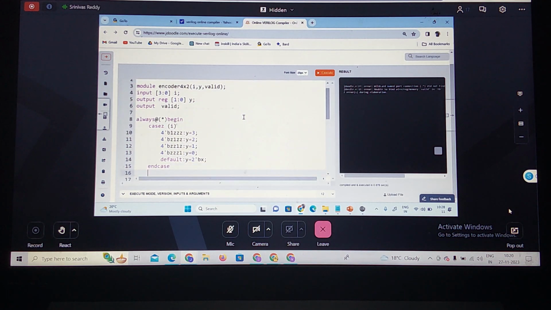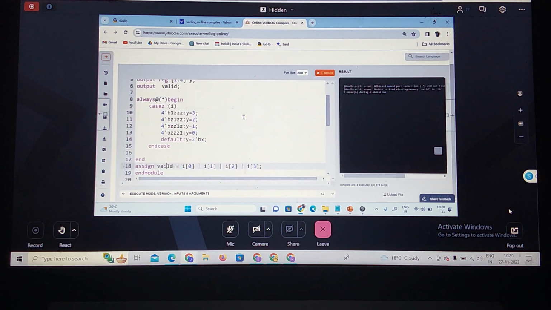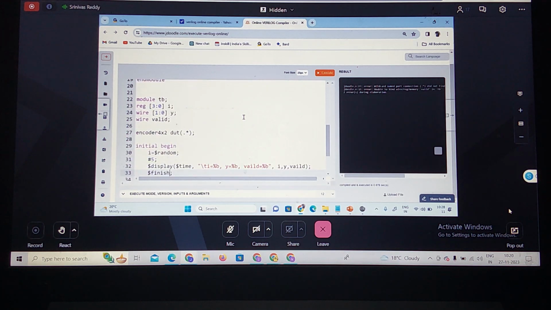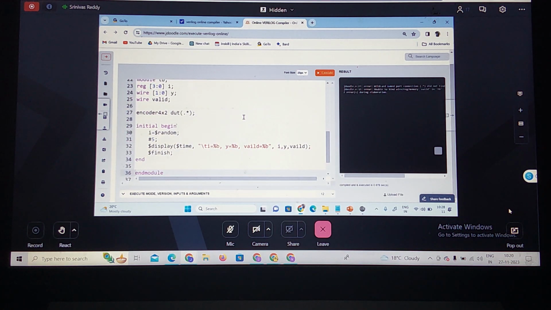Here also. Here it is correct. Now when I'm passing the argument, it is correct. Line number 32, valid, right? Here also valid. Is it clear?